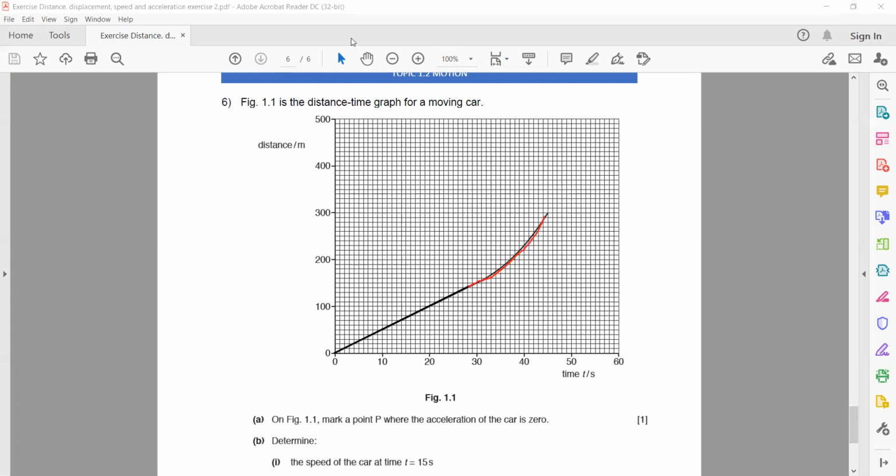When the speed is constant, the acceleration is 0. So on the figure, we have to label a point P where acceleration is 0. We can mark P anywhere on this straight line, as the speed is constant and acceleration is 0.